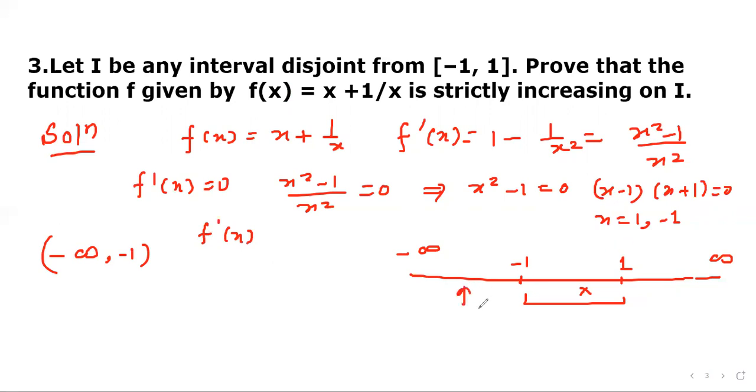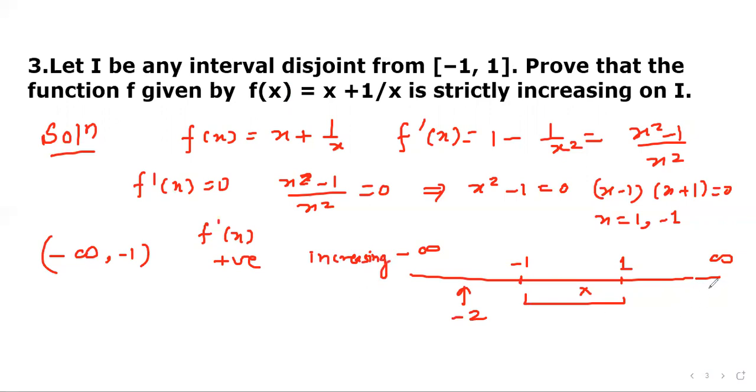Suppose we choose -2, and if we put this value here, then what do we get? -2 square is 4, 4 minus 1 is 3 divided by -2 square is 4, which is positive. So f dash is positive, so function is increasing.